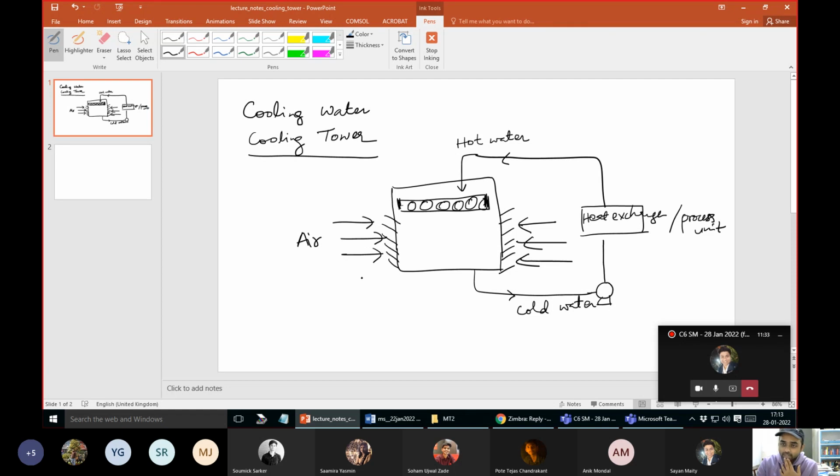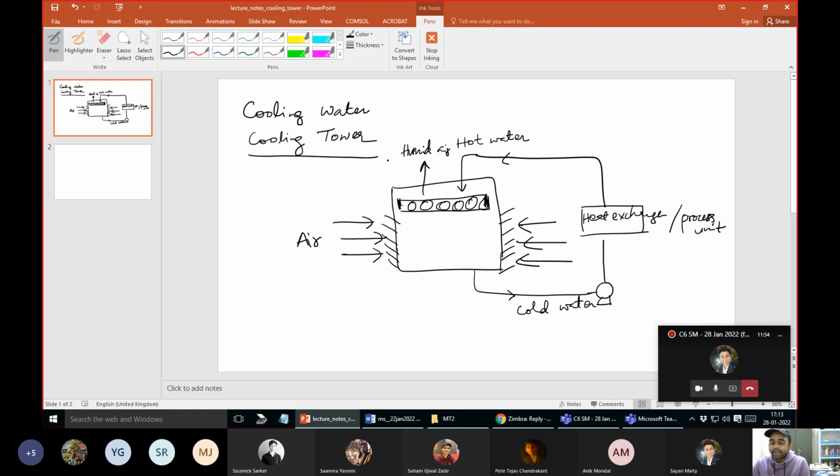And as you can understand, since it comes in intimate or direct contact with the water, the air which leaves this system becomes humid, right? And it takes up some of the sensible heat from the water also, and in the process this humidified air is also at a higher temperature.